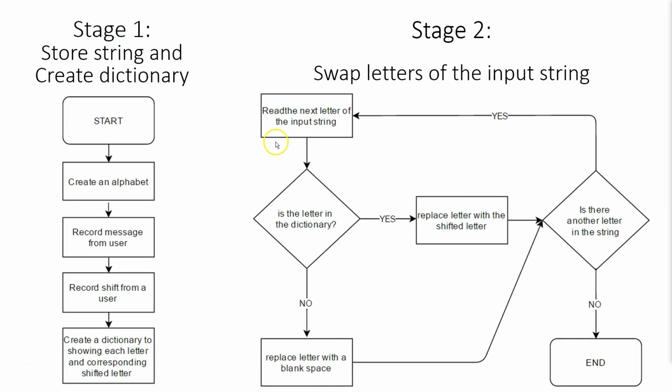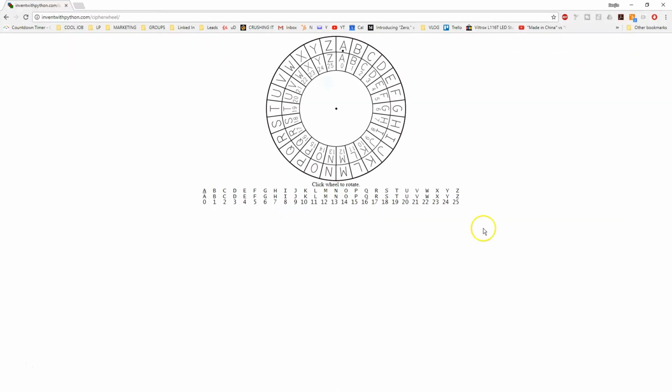Hello and welcome. In this video, we are going to cover the first stage of the two-stage process of creating our own Caesar cipher encryption. In this stage, we're essentially going to replicate the Caesar cipher wheel, and maybe I can show you that. This is what the wheel looks like.